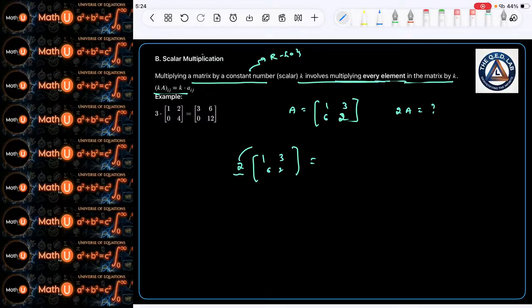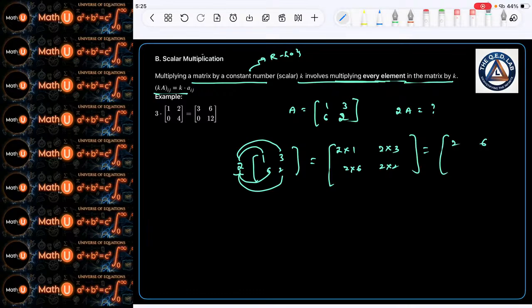Then we get 2 into 1, 2 into 3, 2 into 6, 2 into 2, like this. Then we get 2, 6, 12 and 4. This is nothing but scalar multiplication.